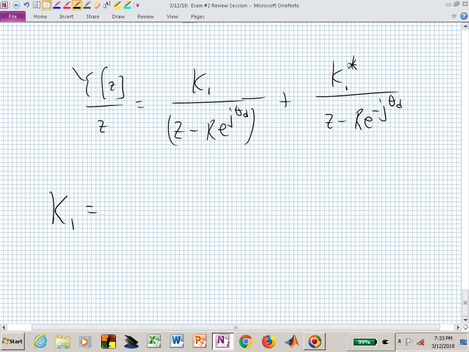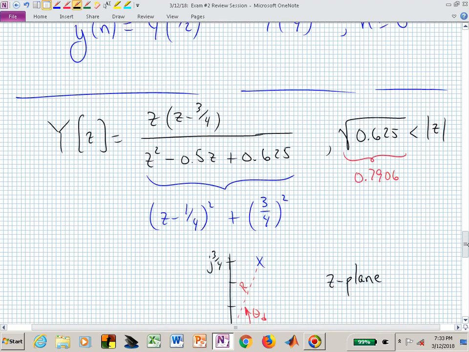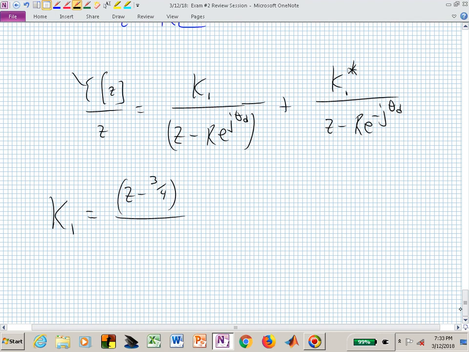I now have Z minus 3/4, which is what is left when I look at Y of Z over Z. And the numerator is Z minus 3/4. The denominator is Z minus R e to the minus J theta sub D. That's what's left when I've canceled that other factor by multiplying through by Z minus R e to the J theta, and I evaluate this.